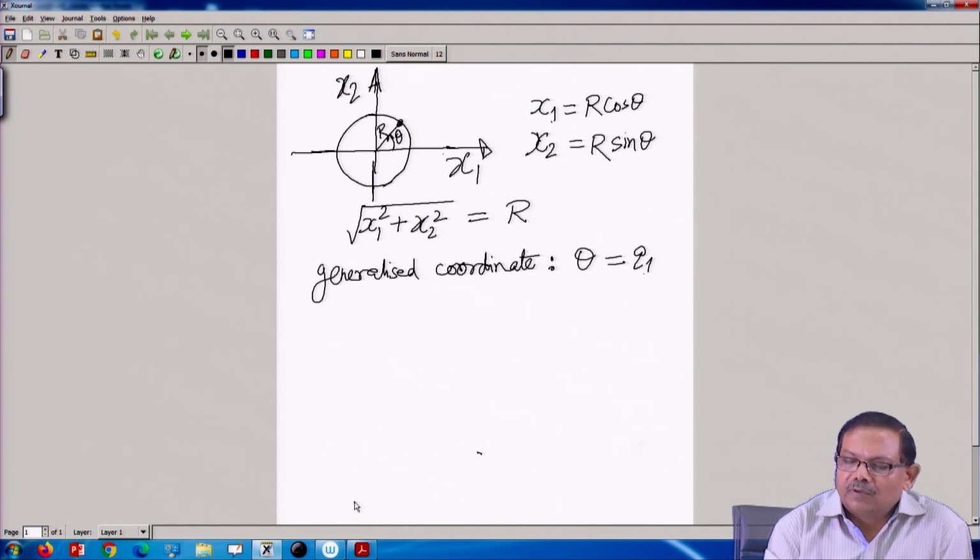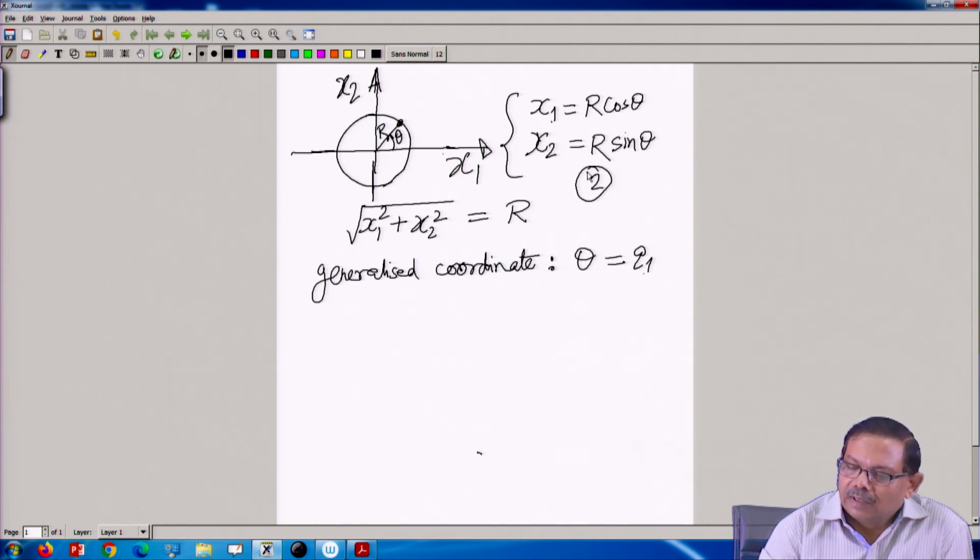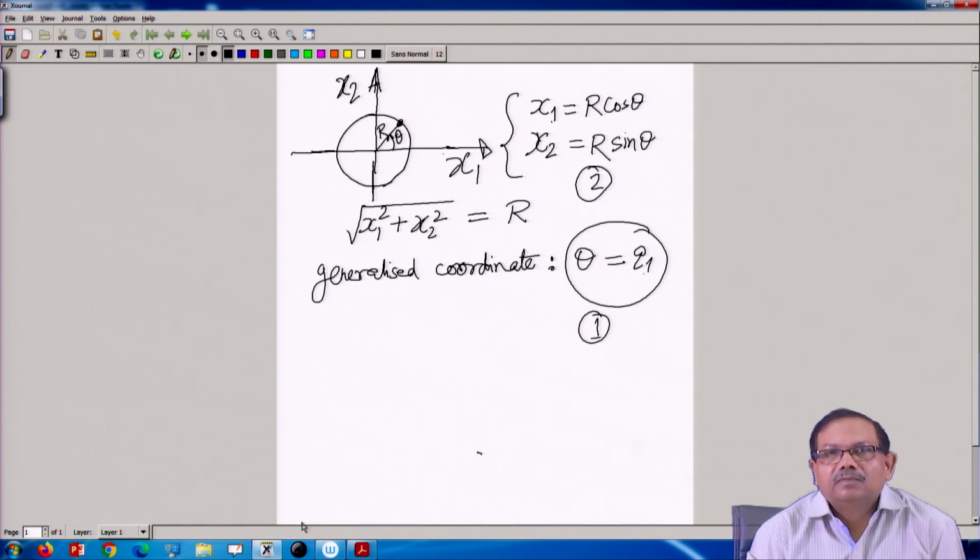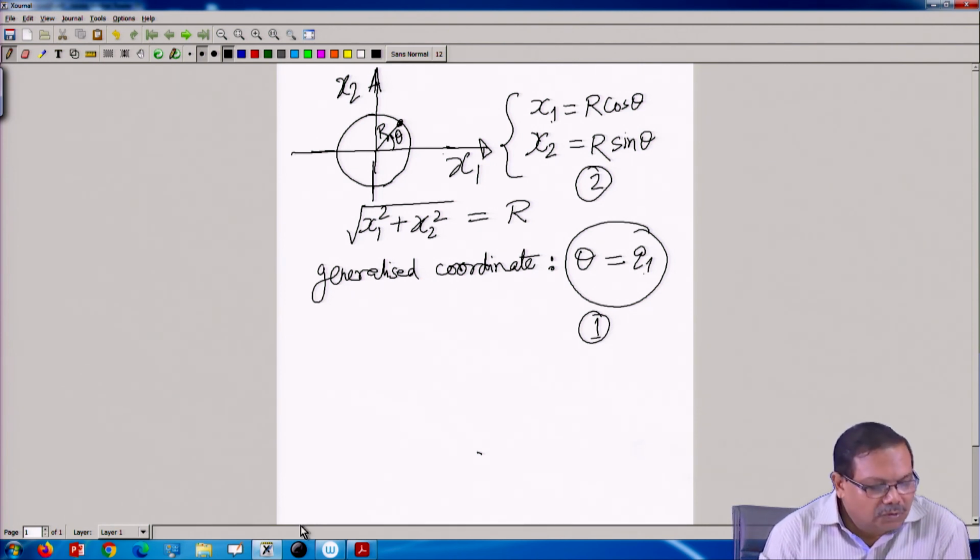So, transformation from, let us say, a Cartesian coordinate system where two coordinates are required, to generalized coordinates where only one coordinate is required, then there is a problem. So, how do you handle this?